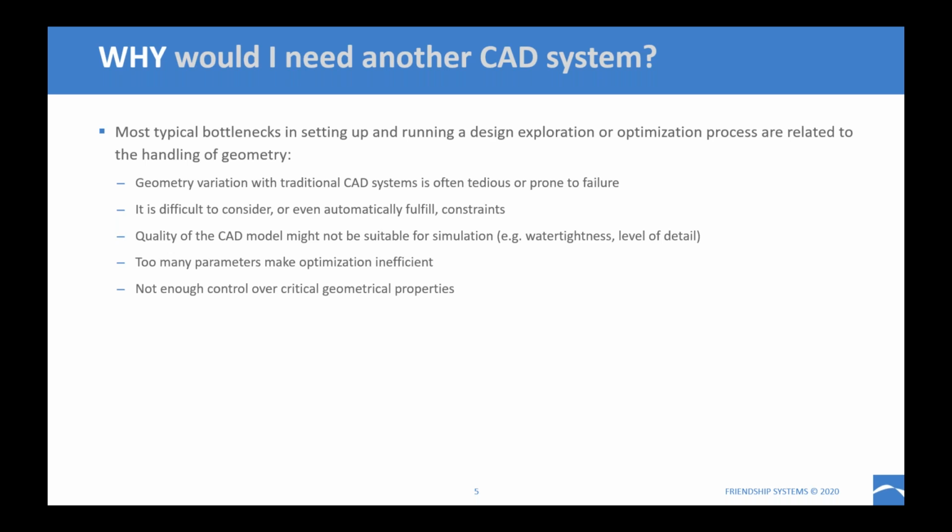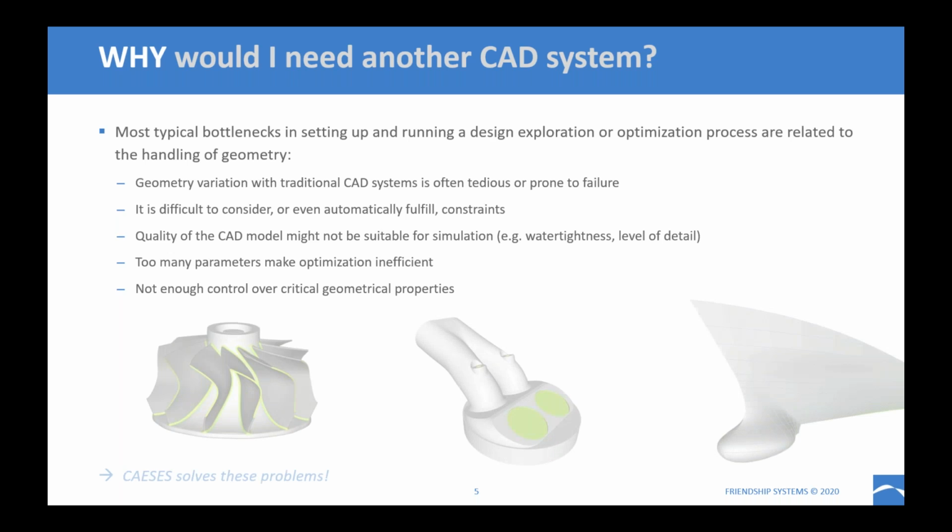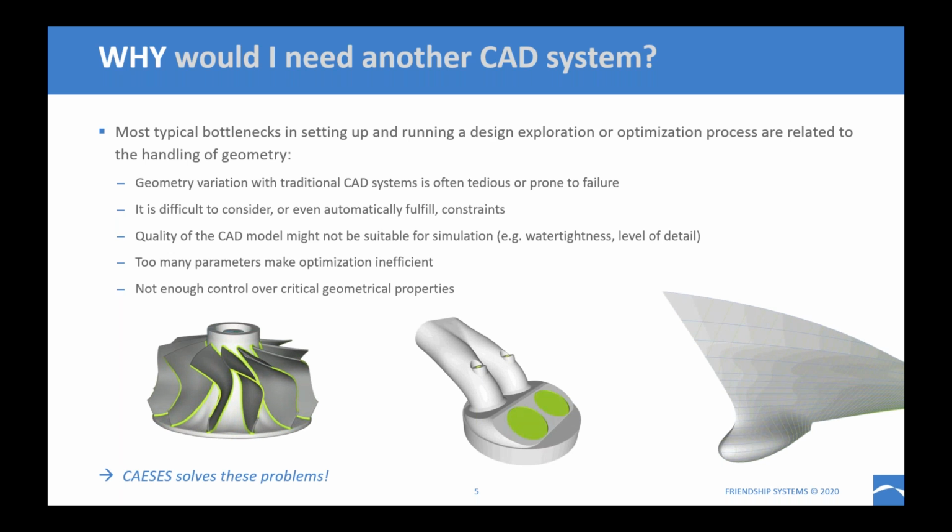And finally, the kind of geometry that we are trying to optimize needs to be controlled. We want to control certain properties that are critical for the performance, and that's not always possible in the way we would like to do it. Basically, these are the specific points that we're trying to address with our tool CAESES.